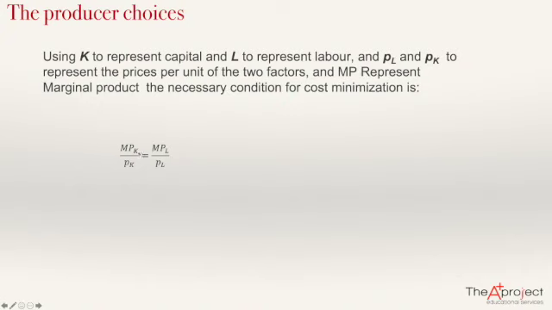So the marginal product of one of the factors divided by the price of this factor will be equal to the marginal product of the other factor divided by the price of that factor. Or equivalently, rearranging this equation, it will be MPK divided by MPL equal to the price of K divided by the price of L.